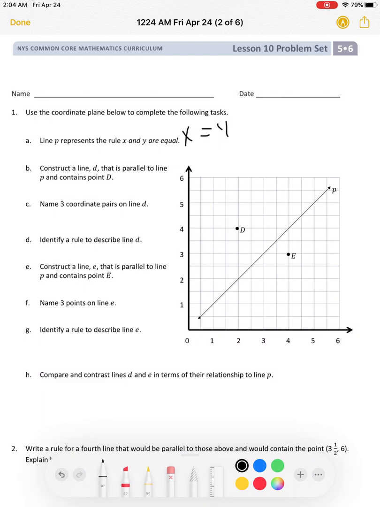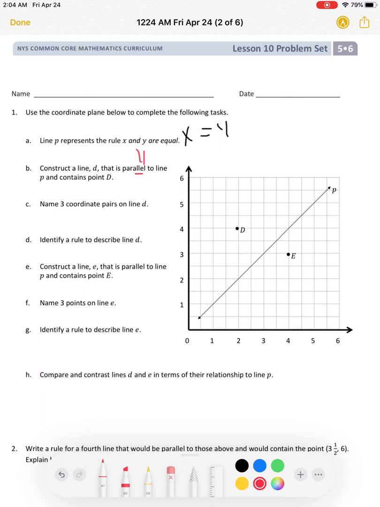Letter B. Construct a line D that is parallel to line P and contains point D. All right, so we know that parallel, those L's give you the clue about parallel. Parallel are two lines, just like the L's, that move in the same direction.